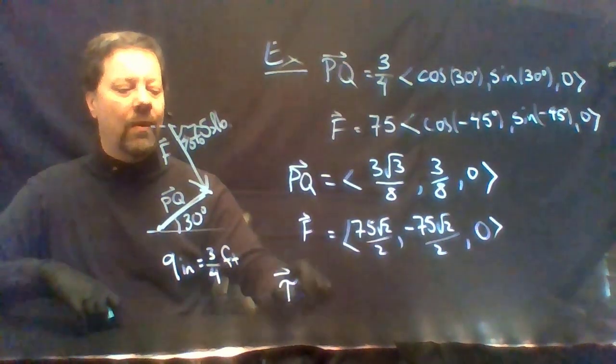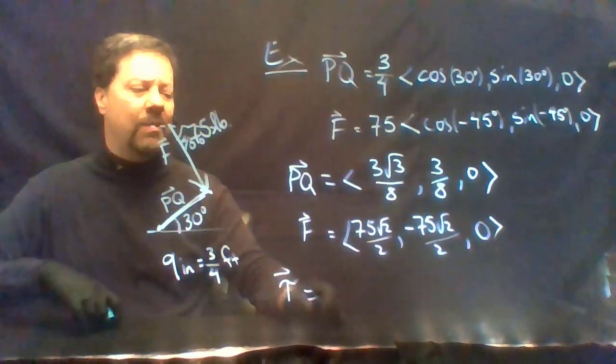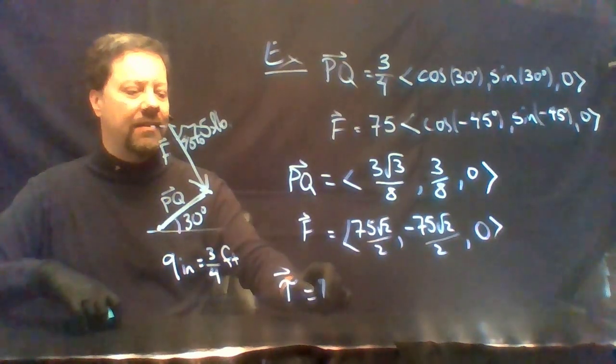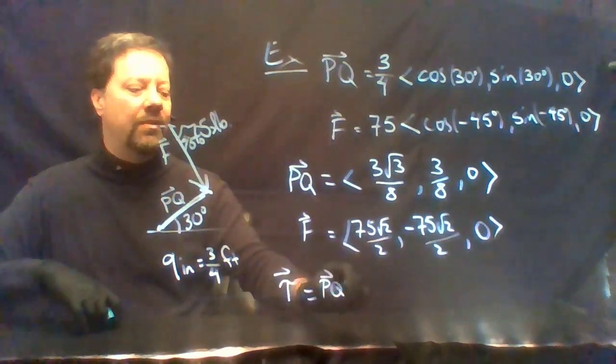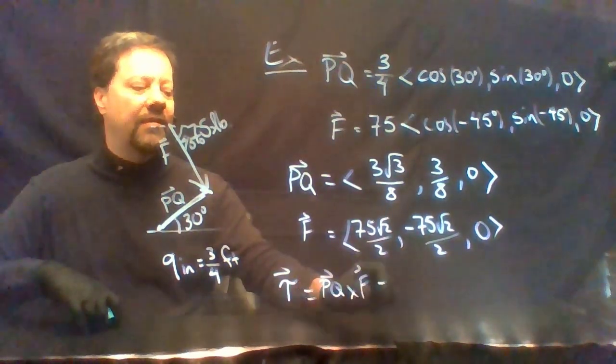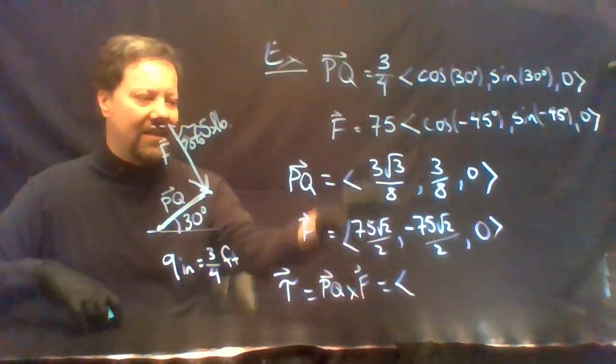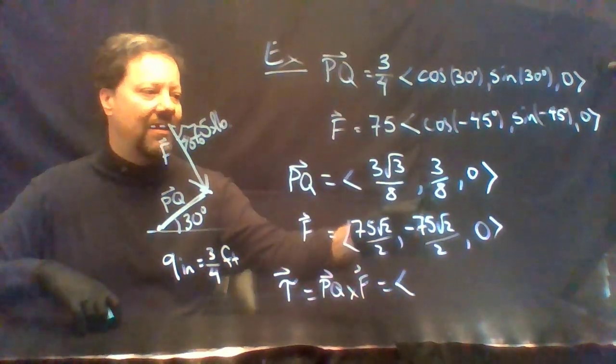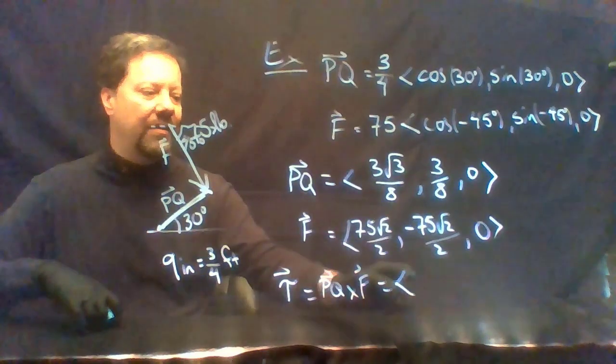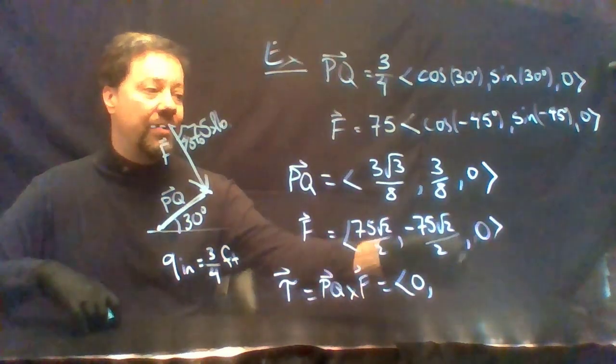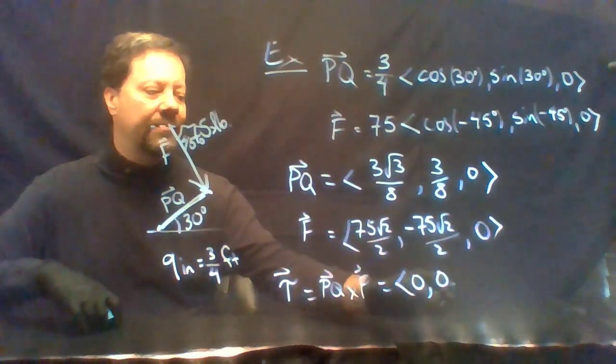What is the torque? It's the cross product. It's PQ cross F. Well, these are nicely stacked, so we can do this easily. We get 0 minus 0, and then 0 minus 0.